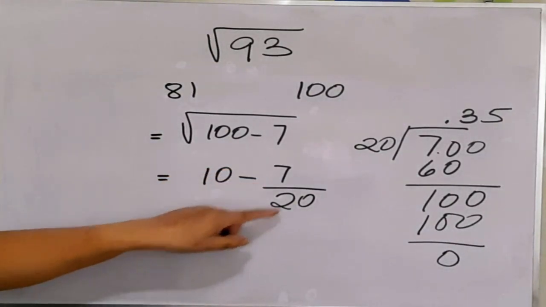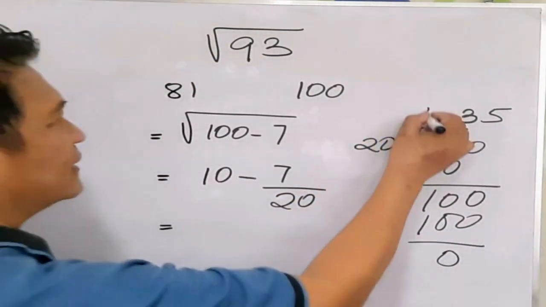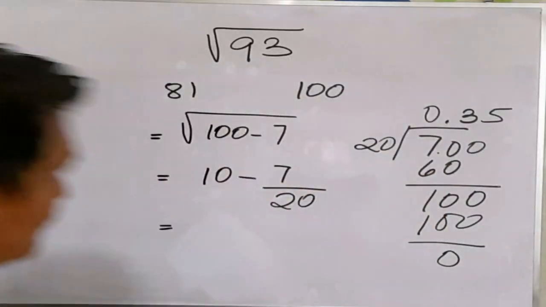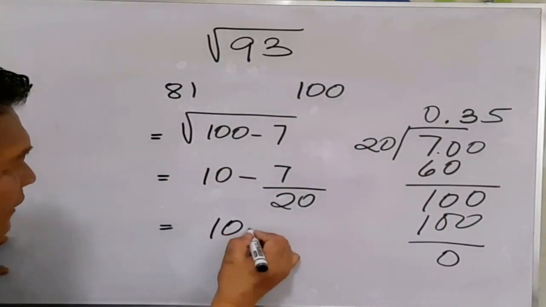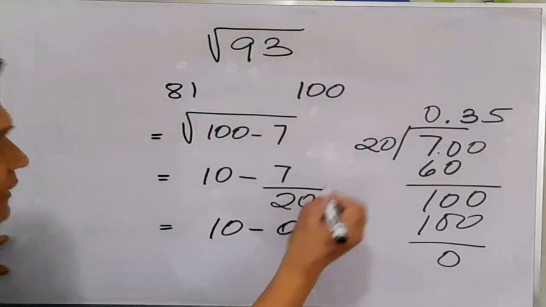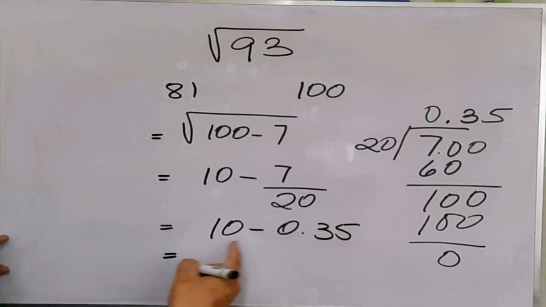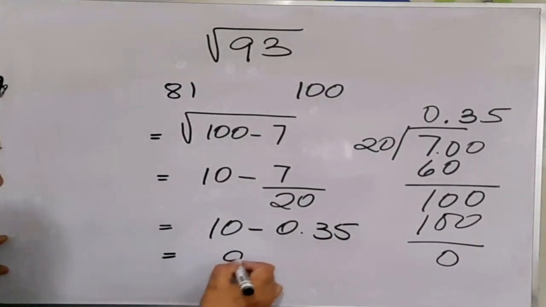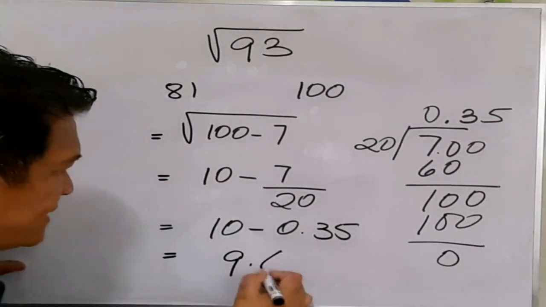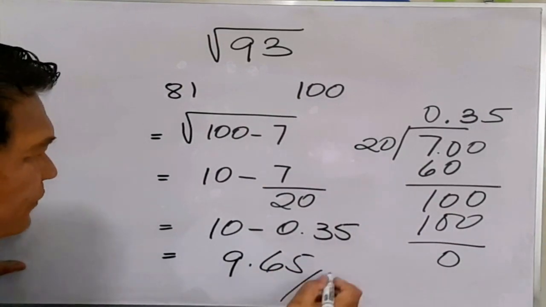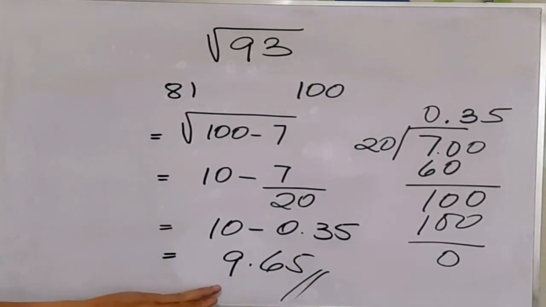Therefore, 7 over 20 is 0.35. That will be 10 minus 0.35, which is 9.65. The square root of 93 is equal to 9.65.